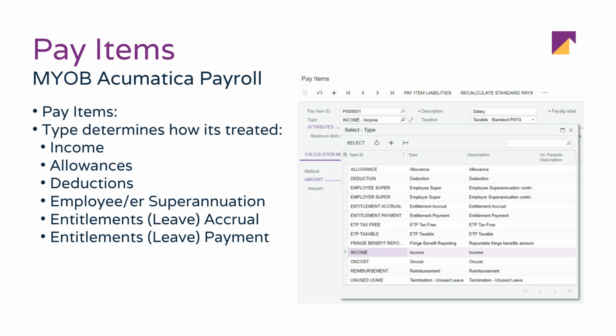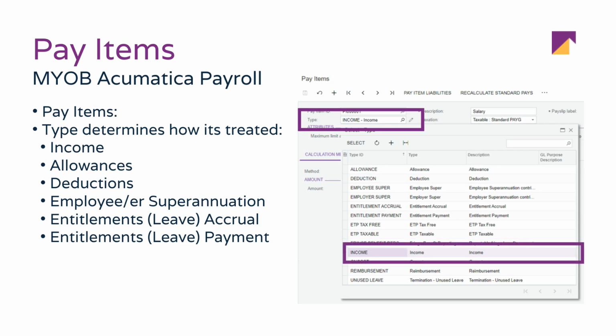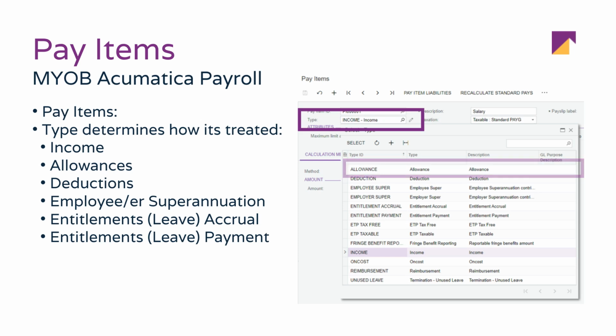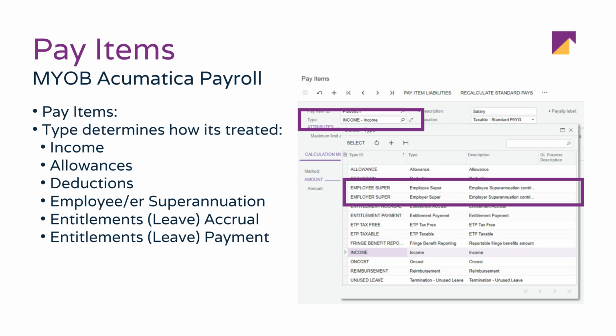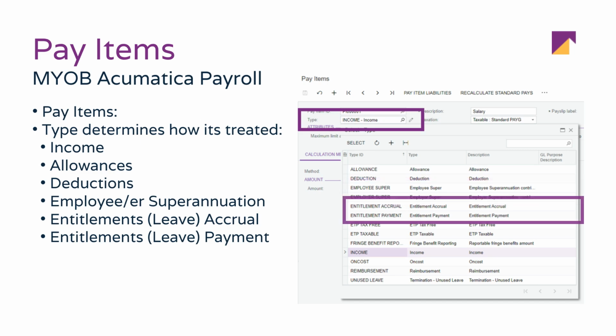The setup of the pay item, in particular the type, specifies how the pay item is treated. For example, an income, which is used for salaries and wages. An allowance. A deduction. An employee or employer superannuation contribution. Or a leave entitlement accrual or payment.